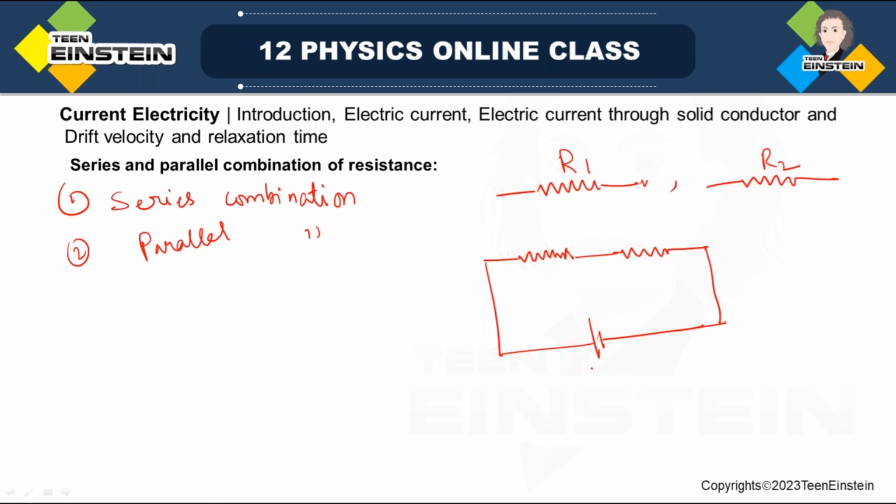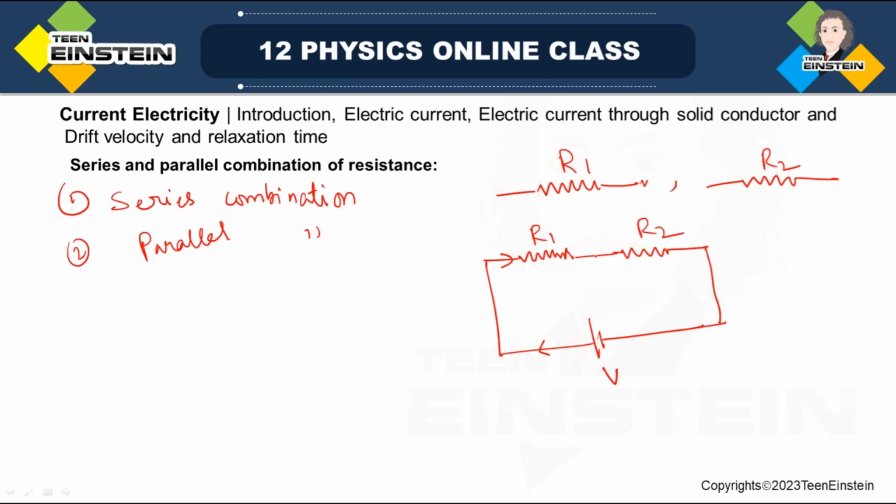This has resistance R1, this has resistance R2. If the potential difference across the battery terminals is V, there will be a current as soon as the switch is closed.